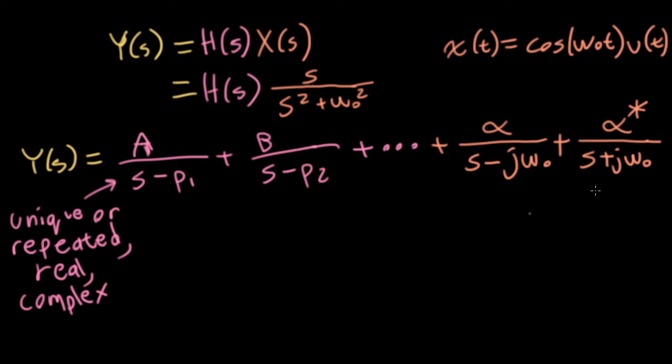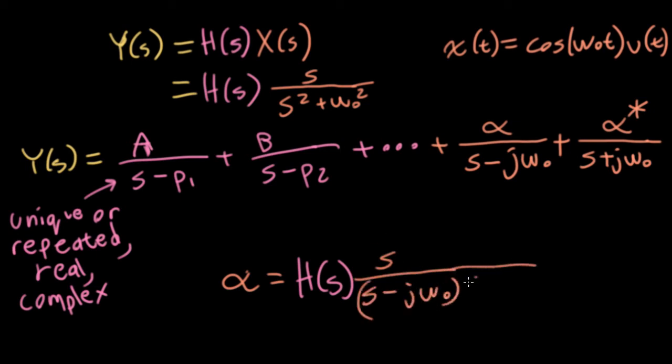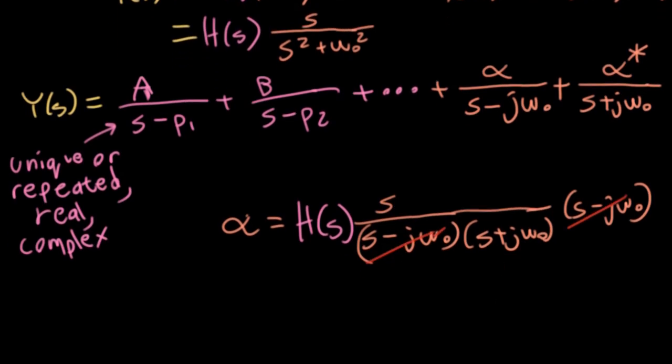All right, so let's use the residue method to figure out what alpha is. So alpha is going to be H(s) times s over, and let me go ahead and write this out. I multiply by the root of the term that I'm finding the coefficient for, and that effectively cancels these out, and that's what we would usually think of as the cover-up method.